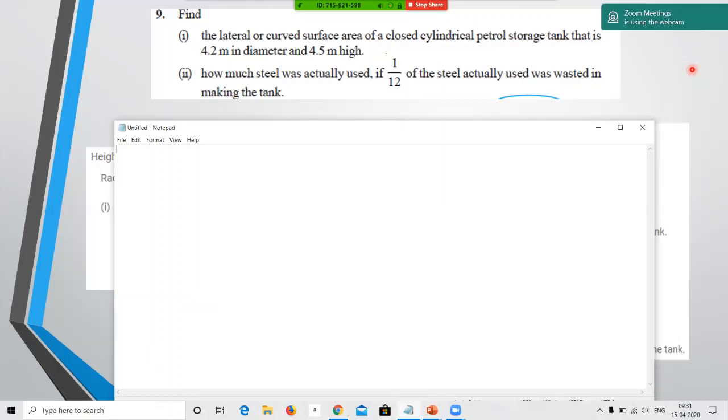The lateral or curved surface area, I told you it's the same thing, of a closed cylindrical petrol storage tank that is 4.2 meter in diameter and 4.5 meter high. So it's closed means what? Top and bottom are closed. Am I right? But here you have to find only the lateral curved surface area. So nothing to worry about. Go ahead with 2 pi r h.